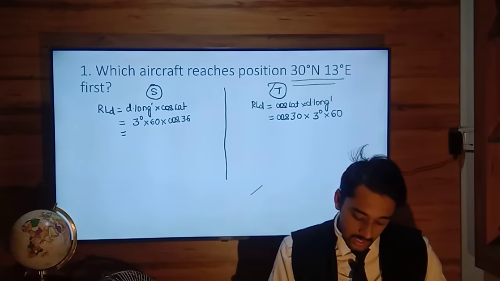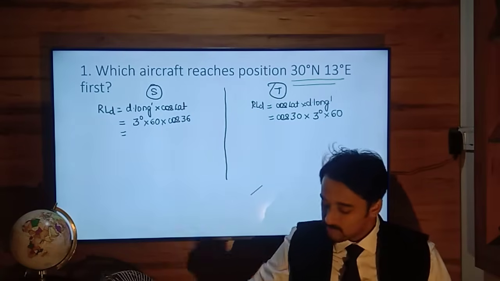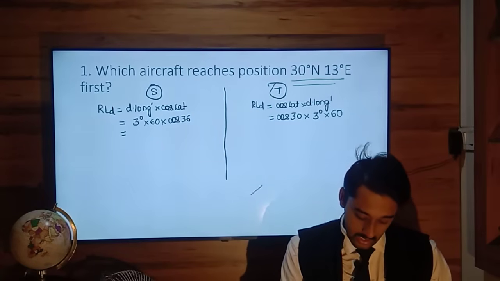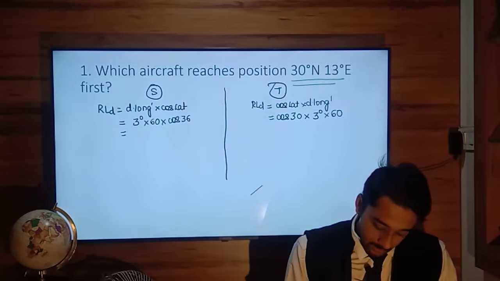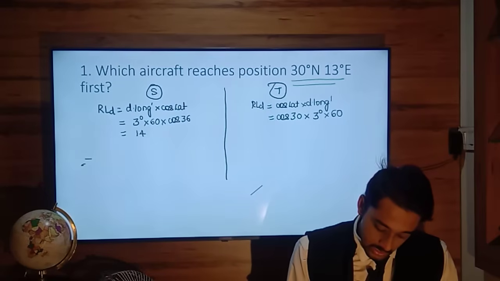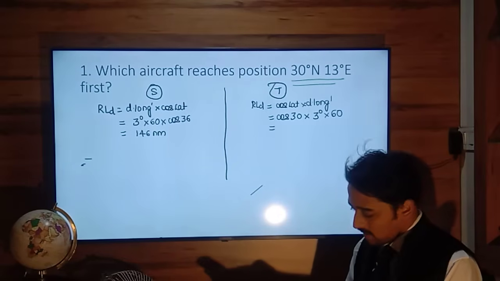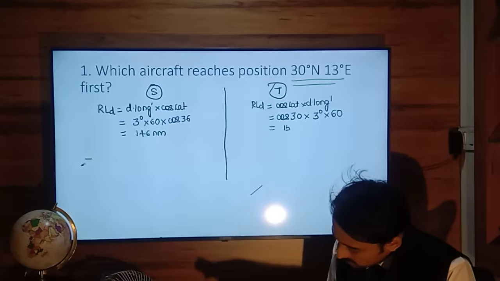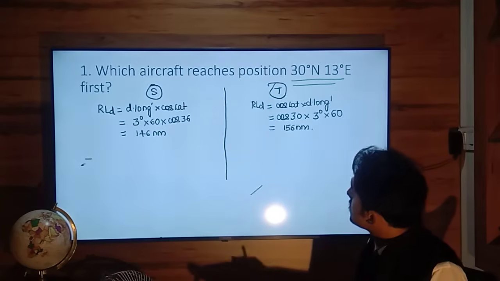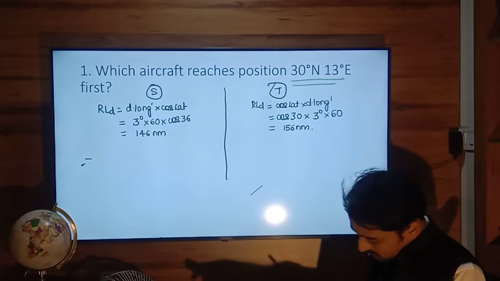So 3 times 60 times cos 36, using your calculator, is approximately 146 nautical miles. Here the distance is cos 30 times 3 times 60, which is 156 nautical miles.